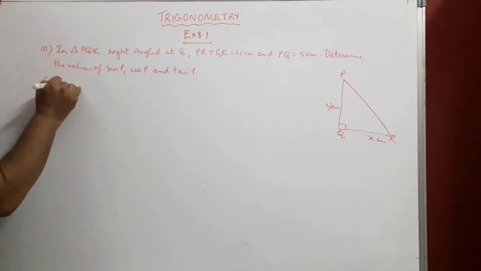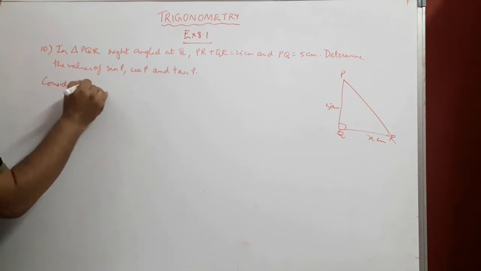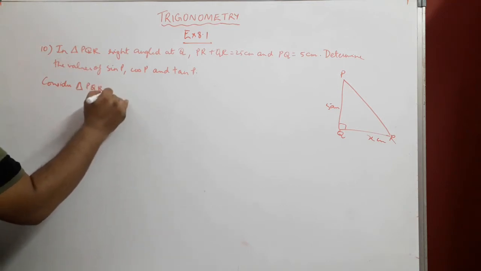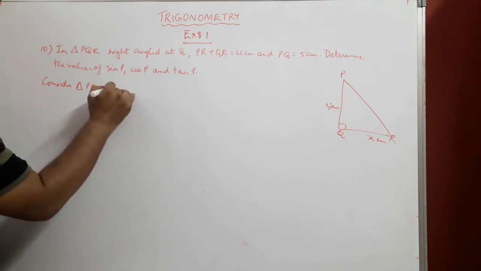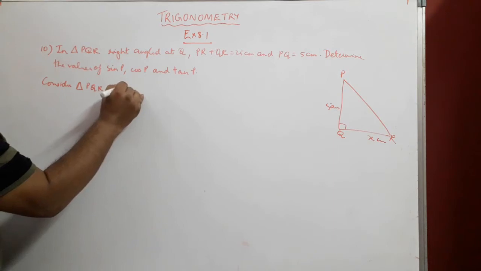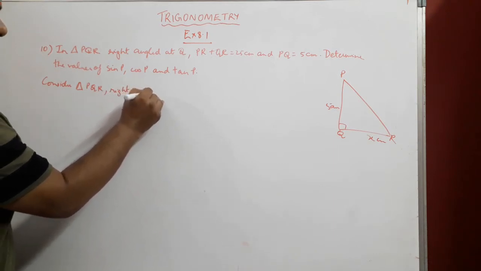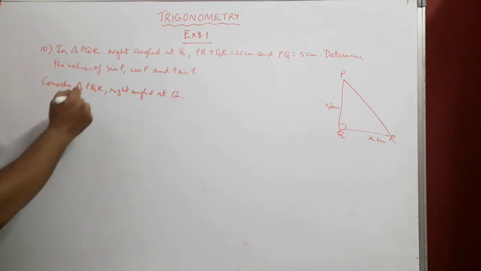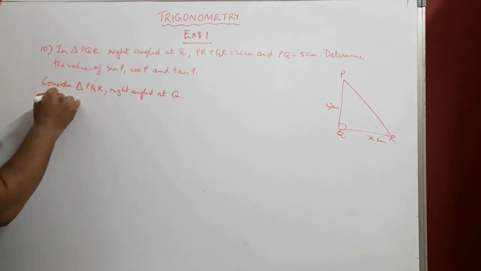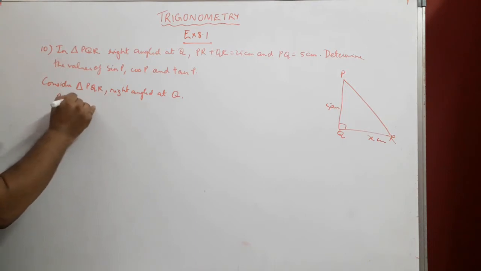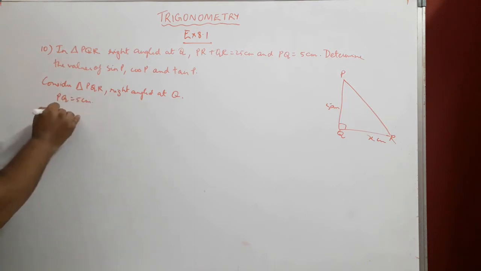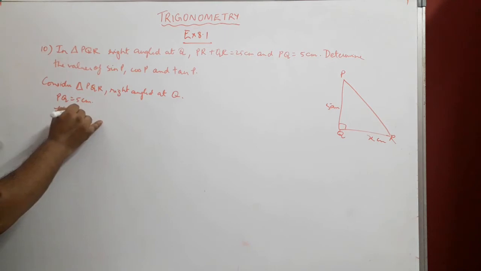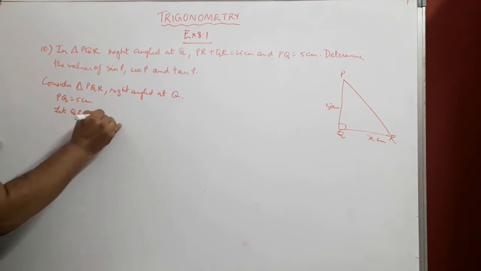Consider triangle PQR, where right angled at Q, and we have been given that PQ is equal to 5 centimeters. So let QR equal to X centimeters.